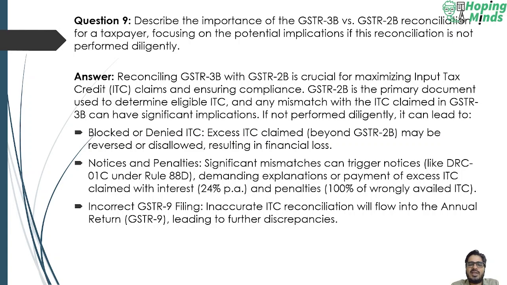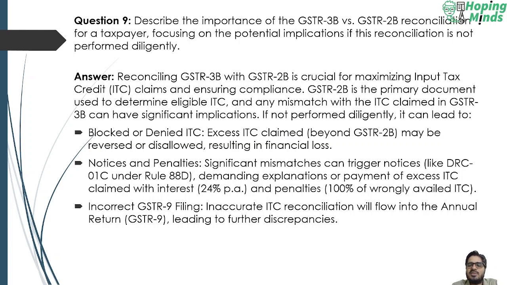Then incorrect GSTR 9 filing also is a consequence of any mismatch in ITC claimed. Inaccurate ITC reconciliation will flow into the annual return GSTR 9, leading to further discrepancies. So overall, it is important to understand the importance of reconciliation of GSTR 3B and GSTR 2B on a regular basis.